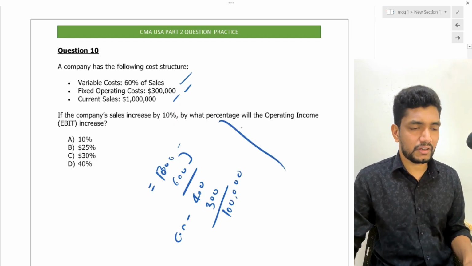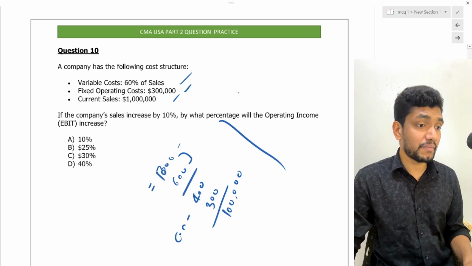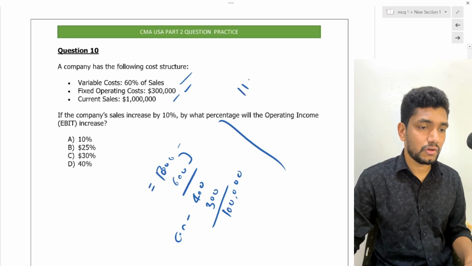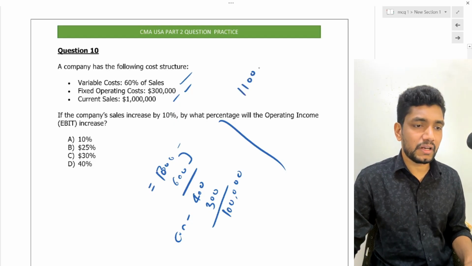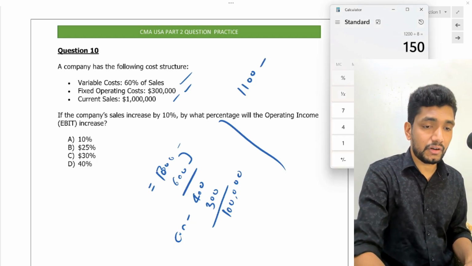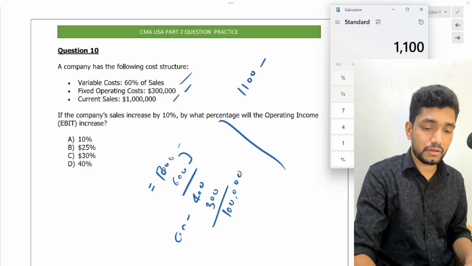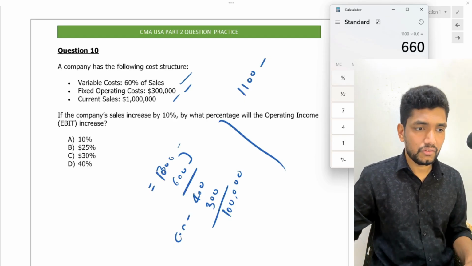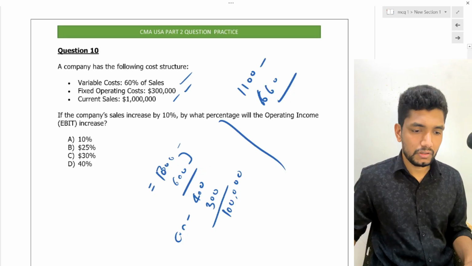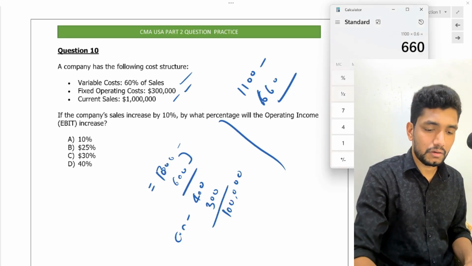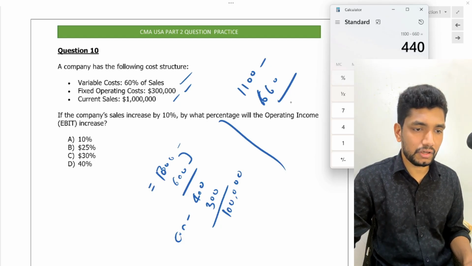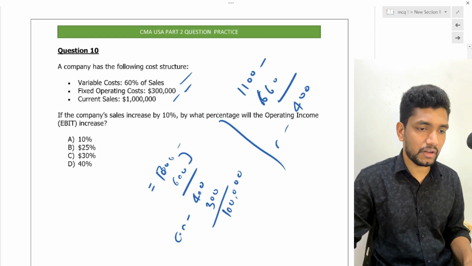So let's calculate the second case, that is if the company's sales increase by 10%. In this case, the sales are 1.1 million. The variable cost is 60% of 1.1 million, that is 1.1 million times 0.6, 660,000. So 1.1 million minus 660,000, that is 440,000, is your contribution margin.